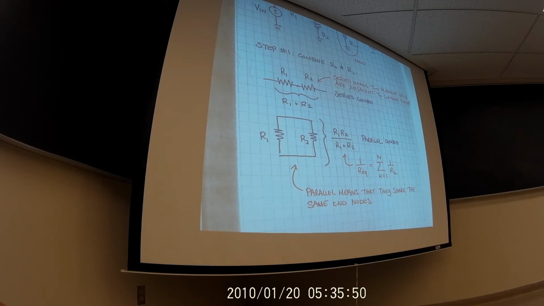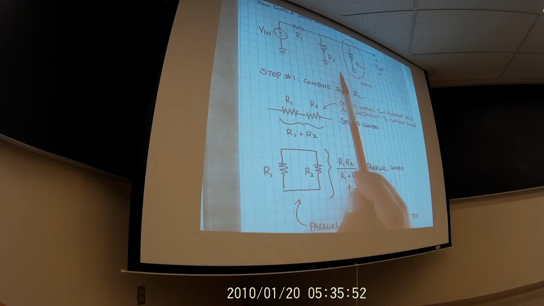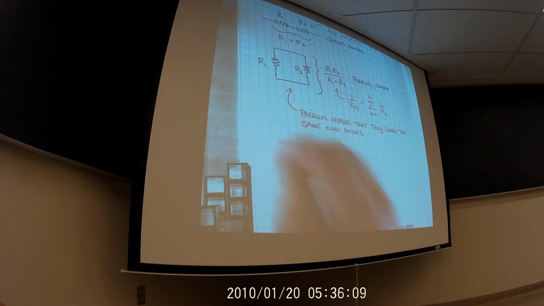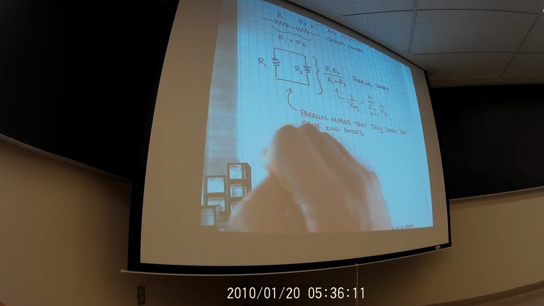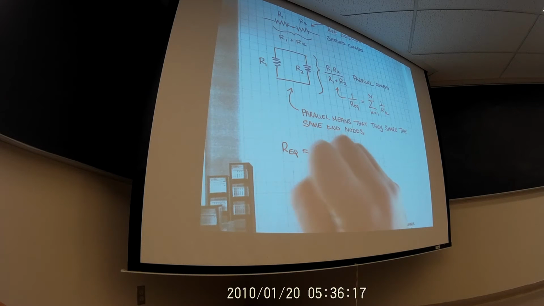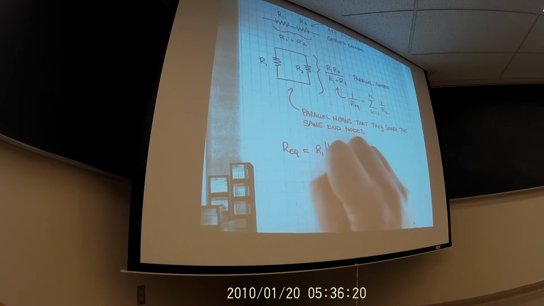So what case do we have up here between R2 and RL? They're in parallel, right? Because they share the positive and negative terminals of the Vout voltage as their nodes. And so if we wanted to come up with an R equivalent, which we could say is R1 in parallel with R2.